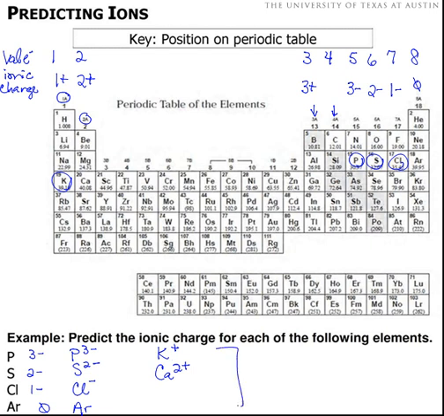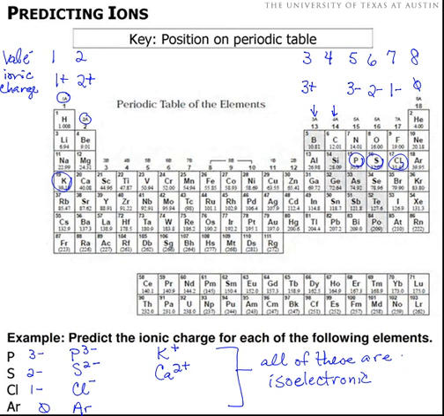Also, please notice that all of these ions are isoelectronic. That is to say, they have the same number of electrons as each other. We look at argon, it's got 18 protons, so in its neutral state, as it is shown here, we'll have 18 electrons as well.